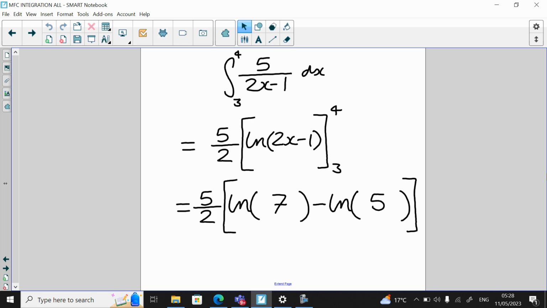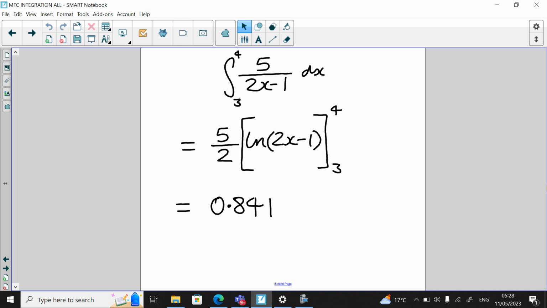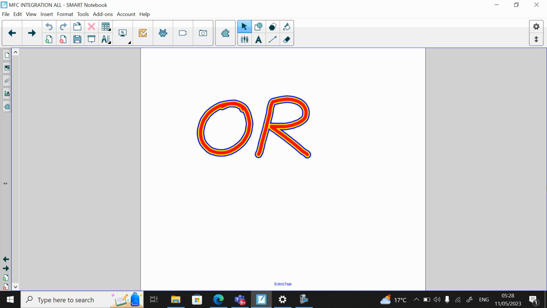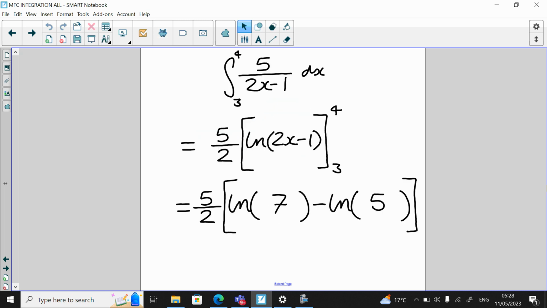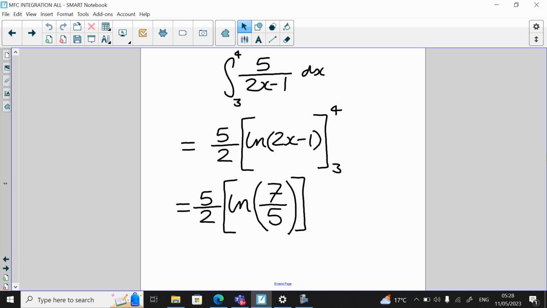If however you had a course where you dealt with laws of logarithms, what you might know about laws of logarithms, if ln take away ln, that actually becomes a division here. And you're going to get the same answer, regardless. Okay.